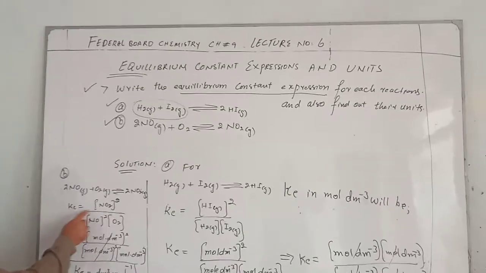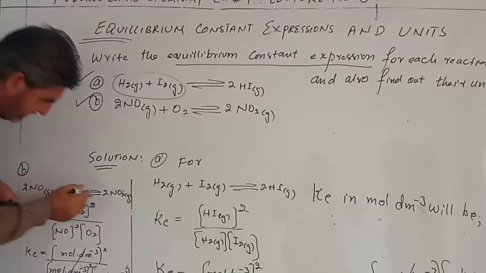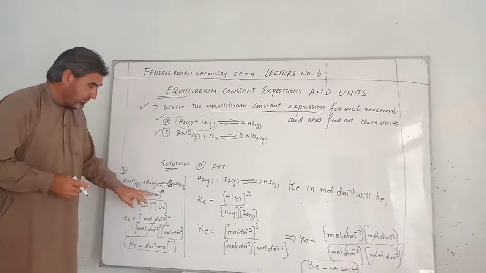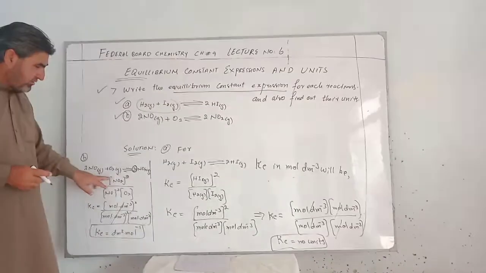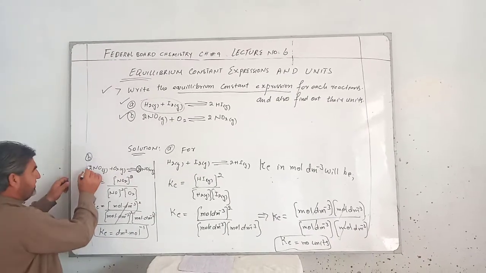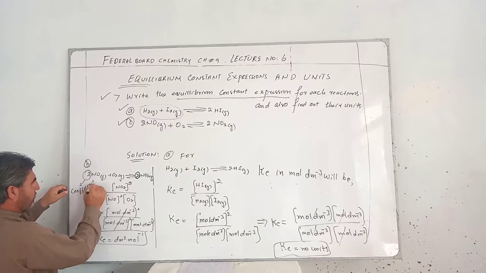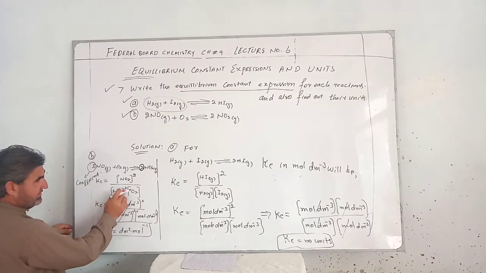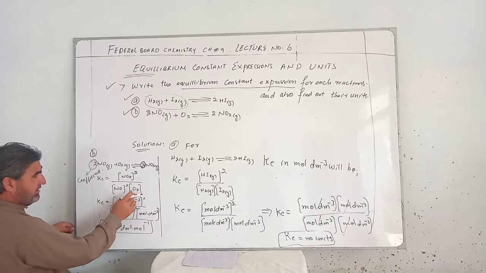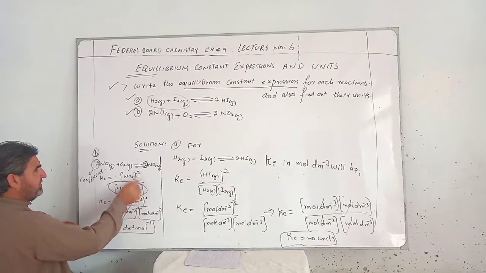In the equilibrium constant expression, the coefficient of the product will be raised as a power of its concentration. In the reactant, the coefficient we have is 2, so this 2 will be written as a power of the concentration of the reactant, multiplied by the concentration of oxygen. The reactants are always written in the denominator and the product in the numerator.